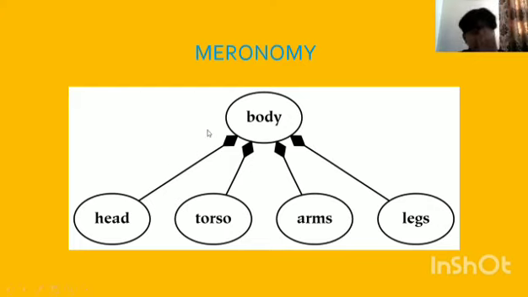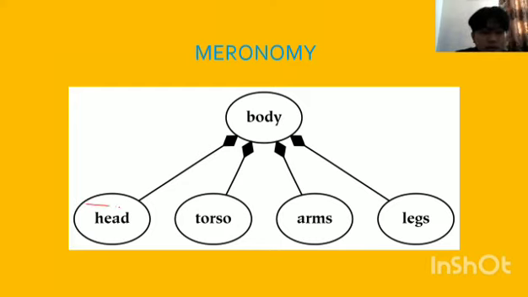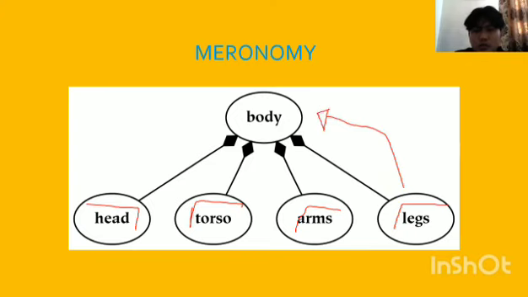For example, the torso, arms, and legs are parts of the body, a whole. It is called meronymy.